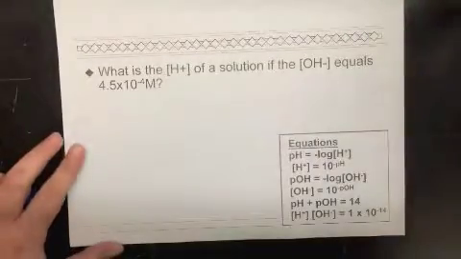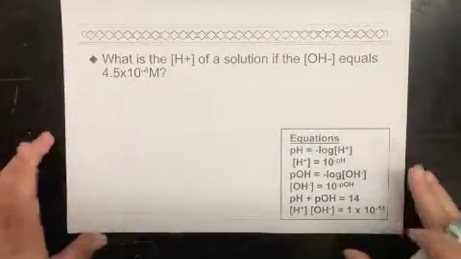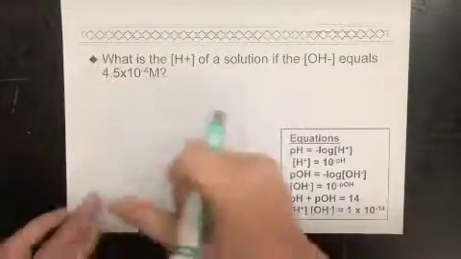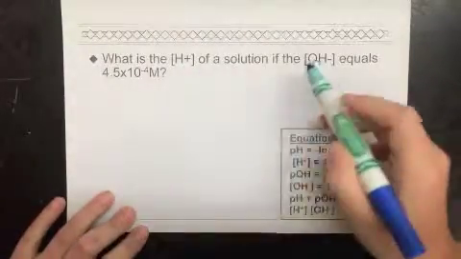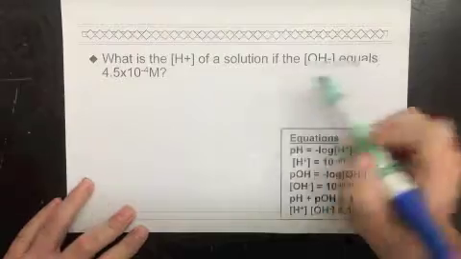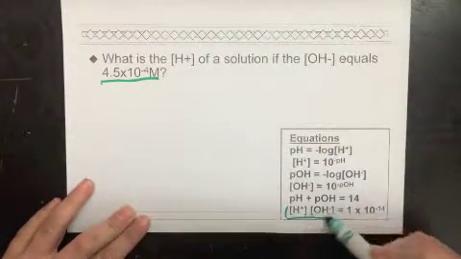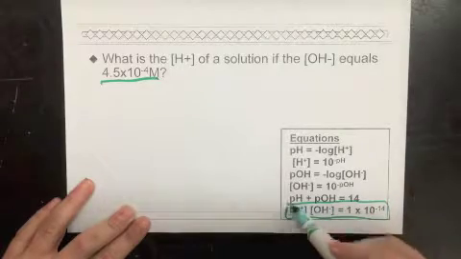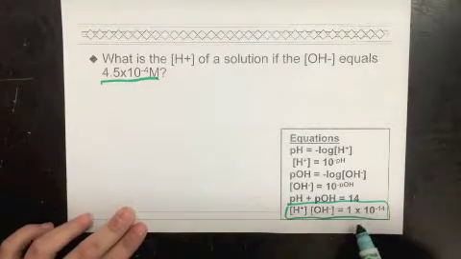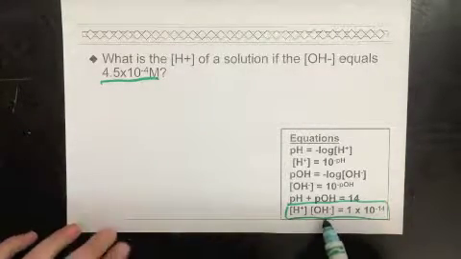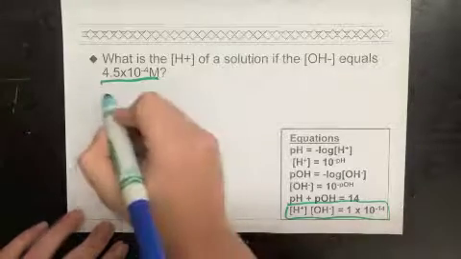Okay, so now this next one is fairly direct. What is the H plus concentration of a solution if OH negative equals this amount? If you look, there is an equation that has both of those in there. So we're going to use this equation right here, which just means H plus times OH negative will always equal this.